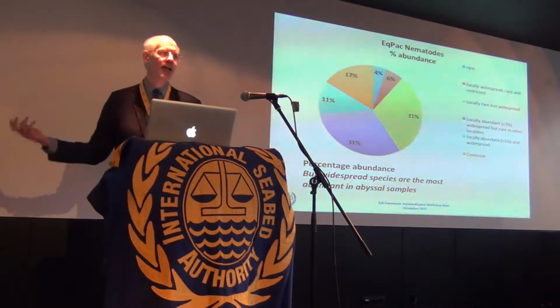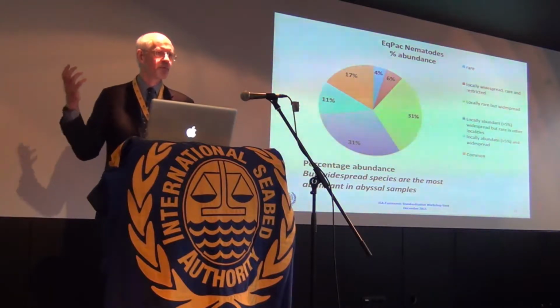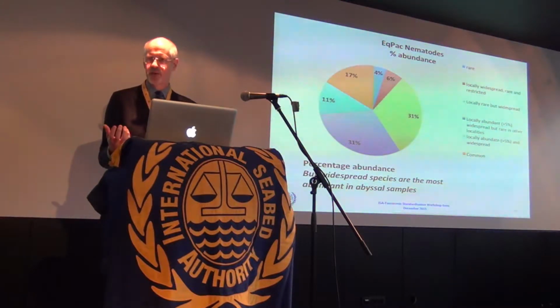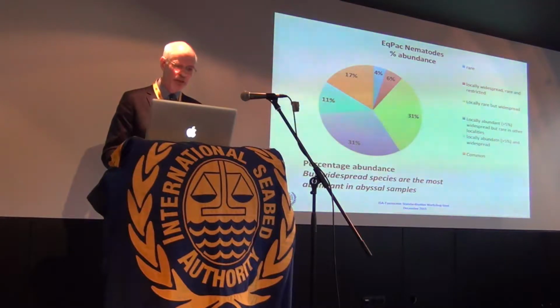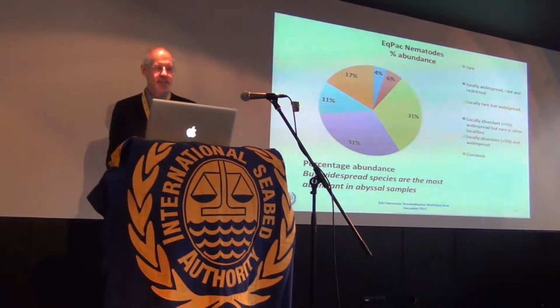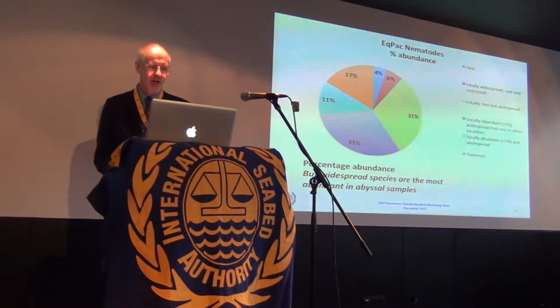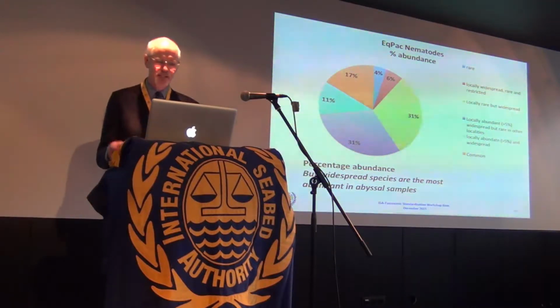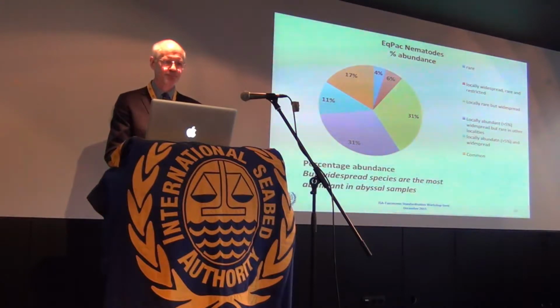And if you knock those out, then certain key ecosystem functions are also under threat and may be knocked out. So the question we keep coming back to address is, are these species really rare, or are they just sampling artifacts? And I'll come back to this later on in the talk.